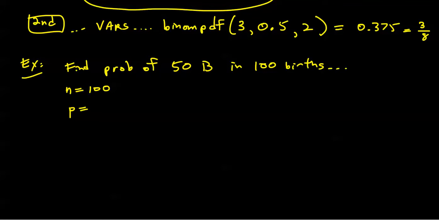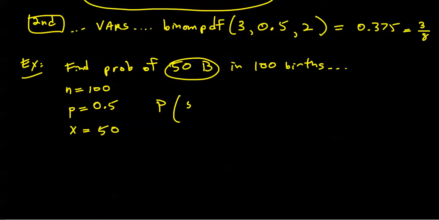Again, assuming boy or girl are equally likely in any trial, the probability of a boy, and we're going to call a boy a success here because we're looking for 50 successes, is then 0.5. The number of successes we're looking for is 50. So really this is kind of a breeze now.